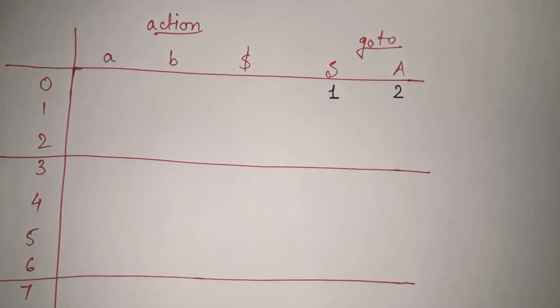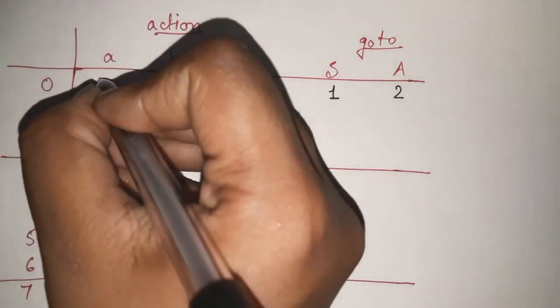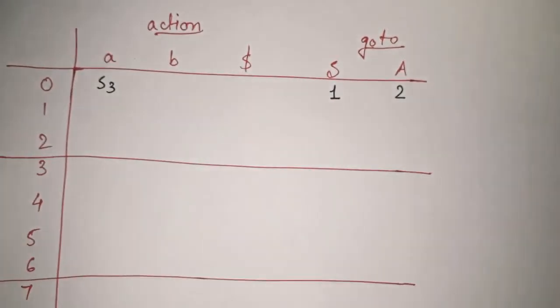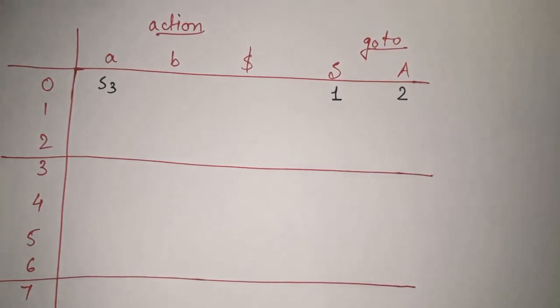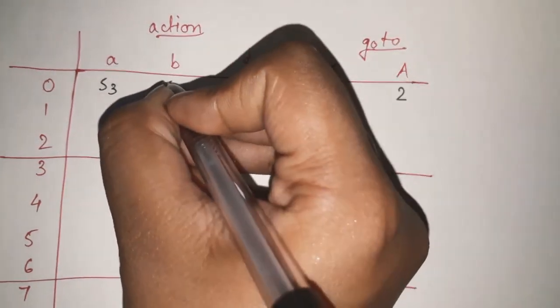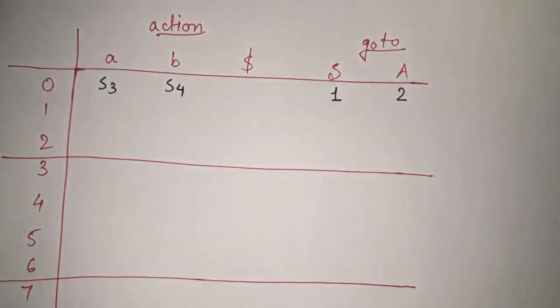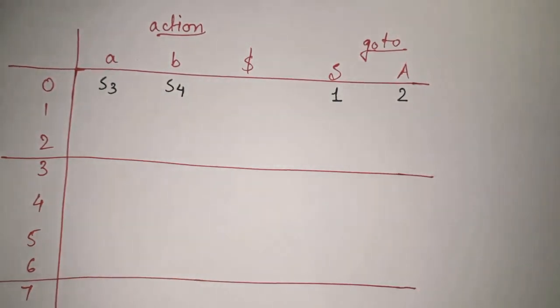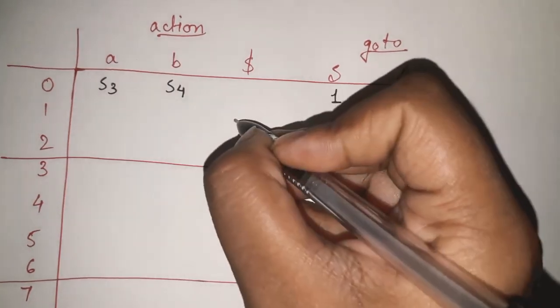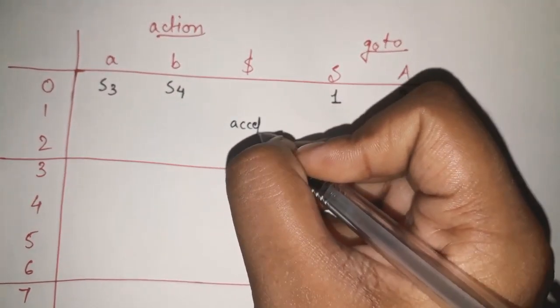From I0 on small a we are going to 3, S3. From I0 on B I am going to 4. So again shift move 4. That's it. I1 is the finishing state or accepting state of my augmented grammar, right? So in I1 on dollar I just have to write accept.